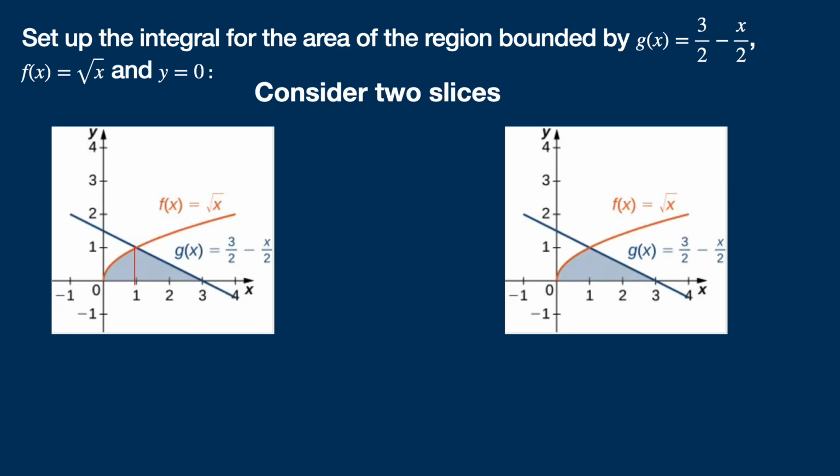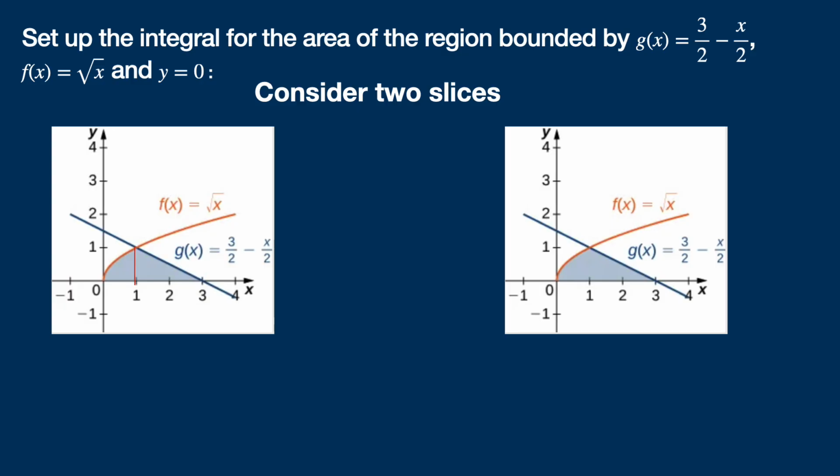So let's have one other example. We're thinking about which method is much easier, horizontal slice or vertical slice. It depends on the area, it depends on the region. So you have to make a decision which method you're going to use. So I have the problem here, guys.